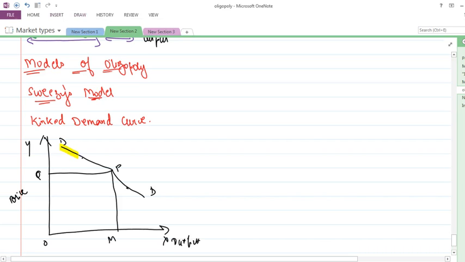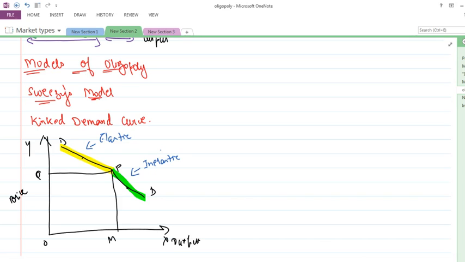So the upper segment is considered to be elastic, while the lower segment is considered to be inelastic. This is elastic and this is inelastic. The elasticity in this case is very low, so the lower portion is relatively inelastic.